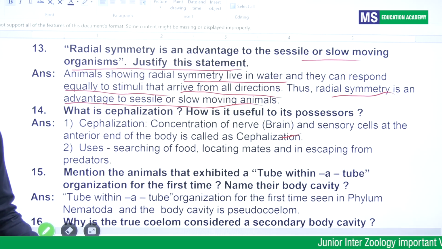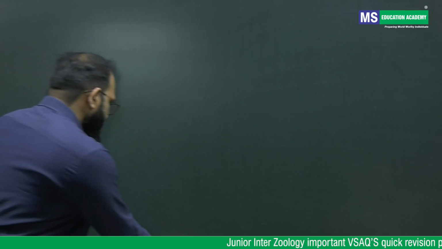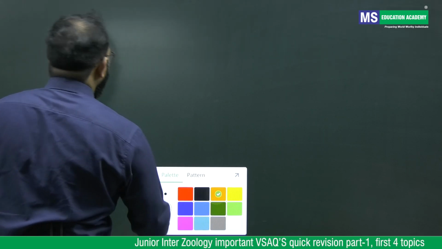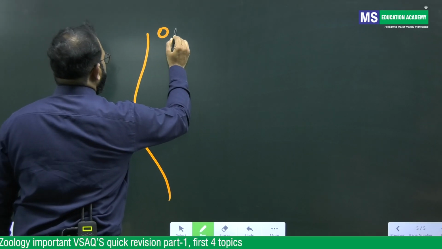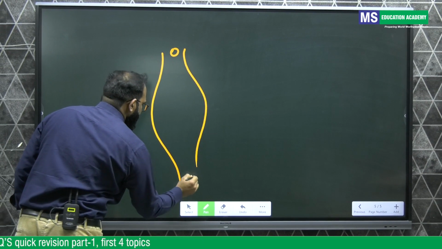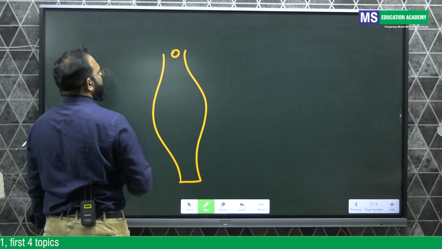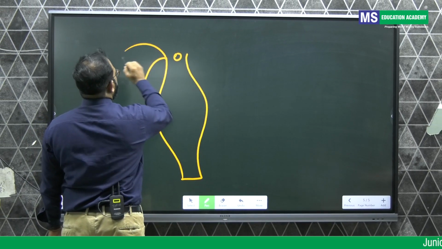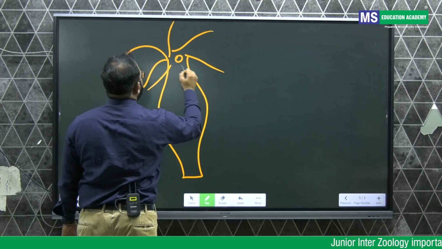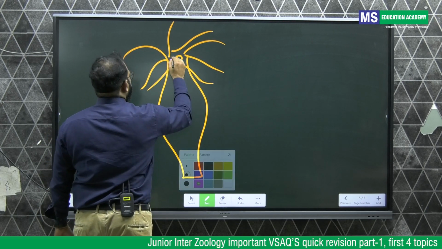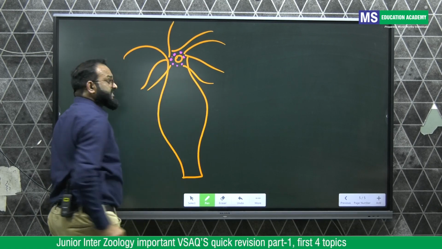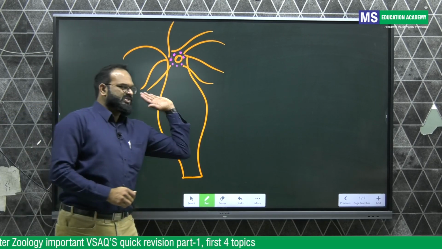Let me explain this a little, students. See, if you take the example of Hydra, which is a cnidarian, the mouth is round, the body is cylindrical, and body parts are arranged surrounding the mouth. And you know that this is a sessile, sedentary animal. So it will stay in place.